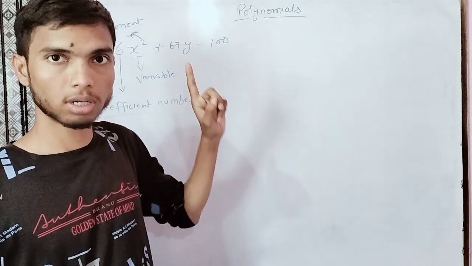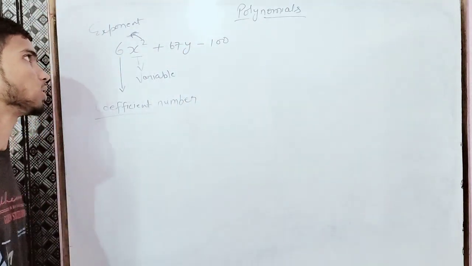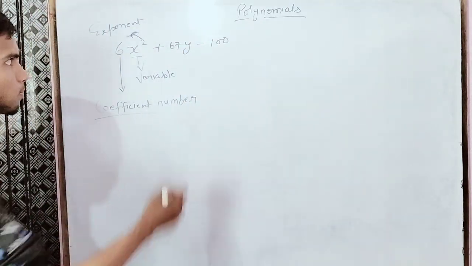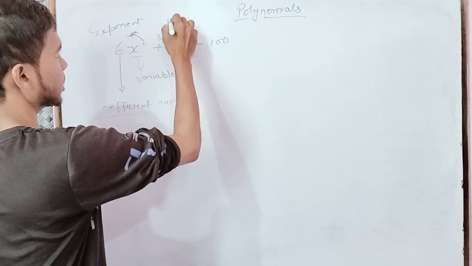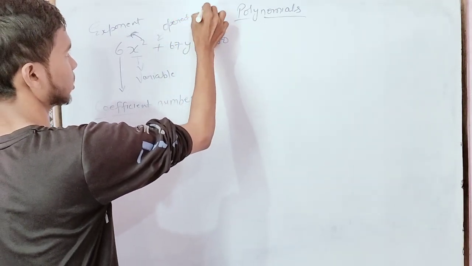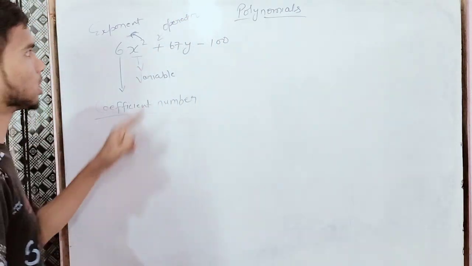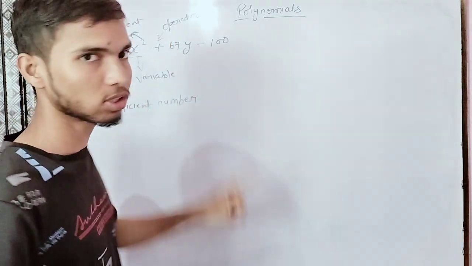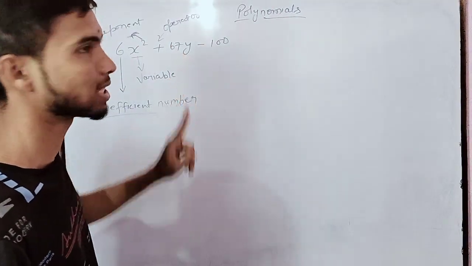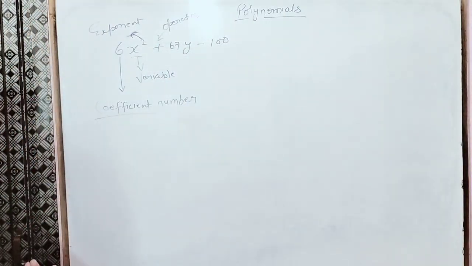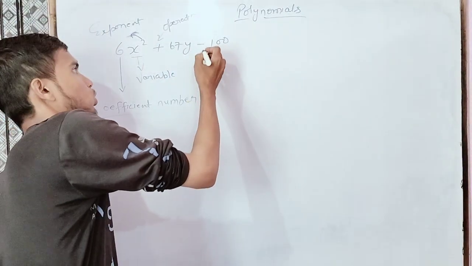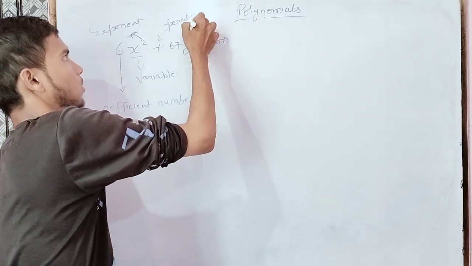This is a subtraction, which is also an operator. Now you can say 67 is a coefficient. Y is again a variable. Now this is also an operator.